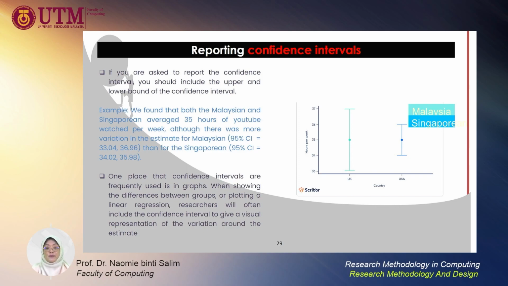When we want to plot the differences between groups or plot a linear regression, researchers will often include the confidence interval to give a visual representation of the variation around the estimate, as exemplified on the chart shown in the slide.